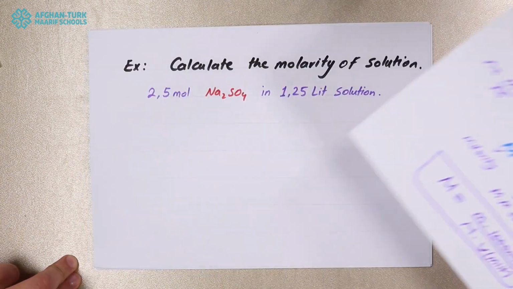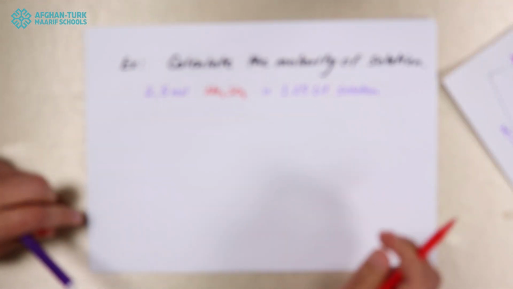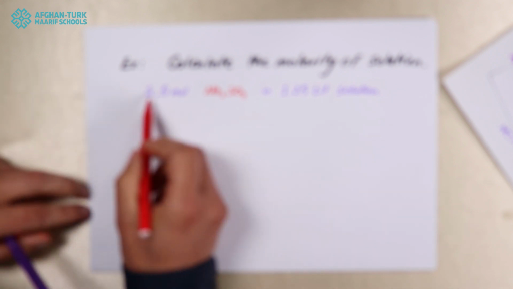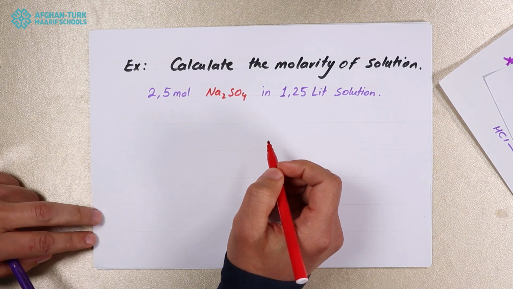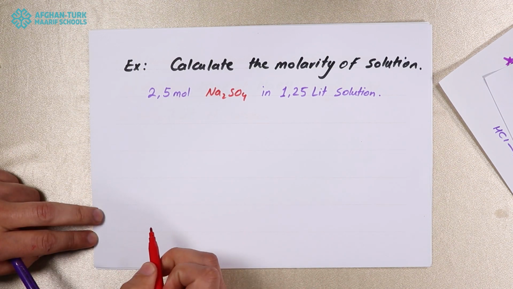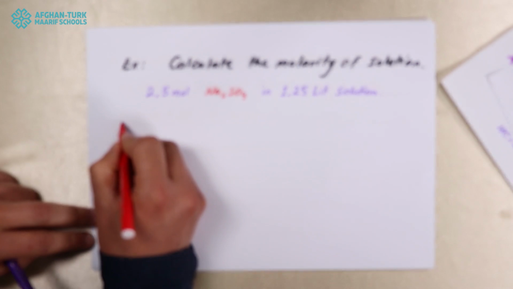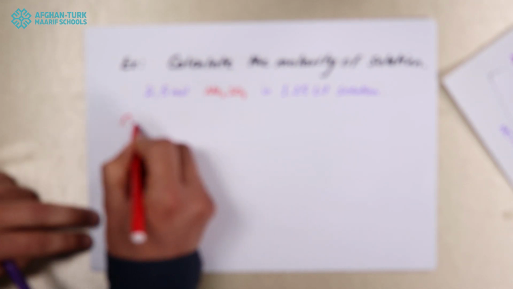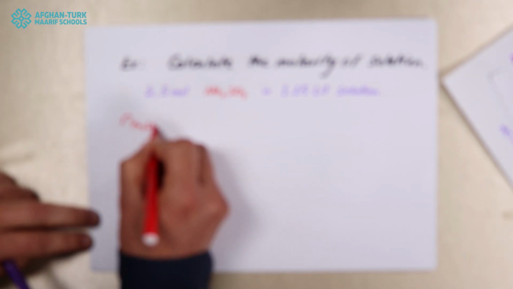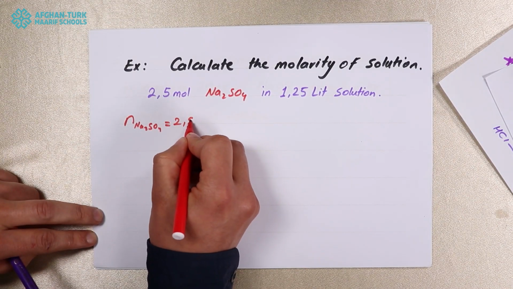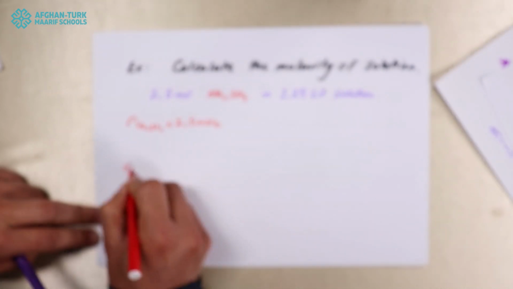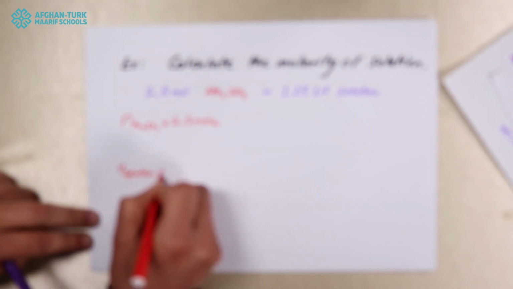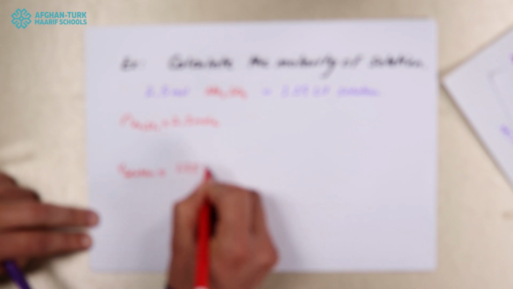Let's do some examples. For example, calculate the molarity of a solution of 2.5 mole sodium sulfate in 1.25 liter solution. At first, you should categorize the solution. After that, you can solve it better. We have mole of sodium sulfate equal to 2.5 mole and volume of solution equal to 1.25 liters.